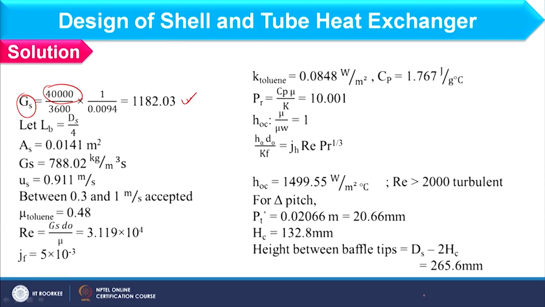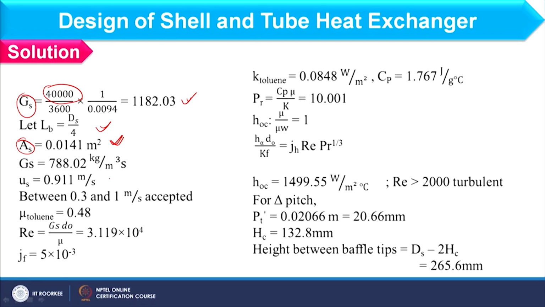Further we have to find out the baffle spacing. Here I am considering DS by 4. I can also find out the cross flow area, AS, which is based on the baffle spacing as well as the shell dia. You can obtain the AS value as we have discussed in previous examples in Bell's method and Kern's method.